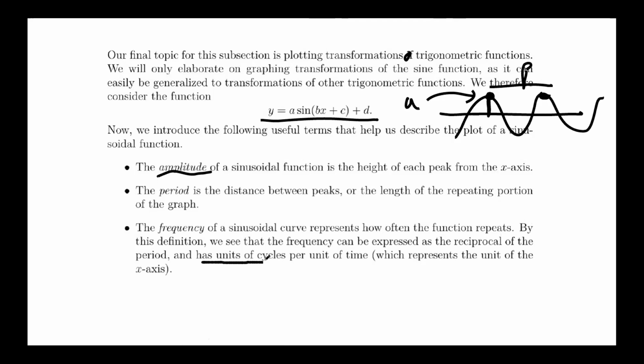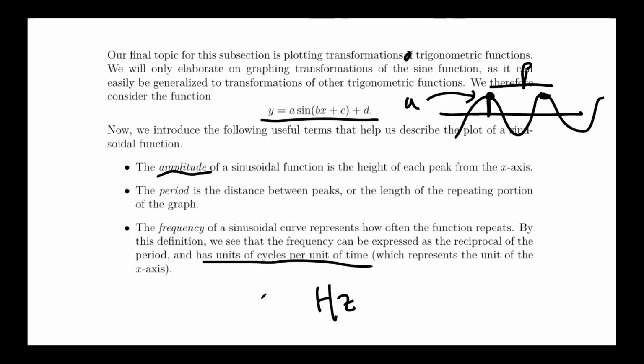So this is usually in terms of time, and that's why here it's defined as units of cycles per unit of time, where it's the number of cycles it makes per a specific unit of time. Right, and just for a real life example, hertz is a unit of frequency per second.